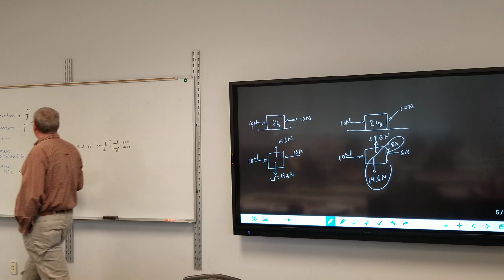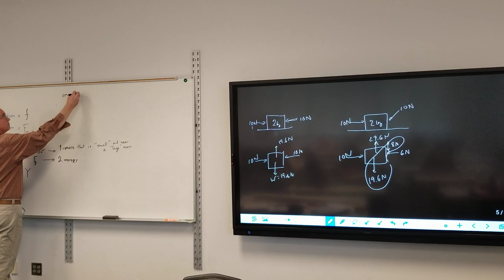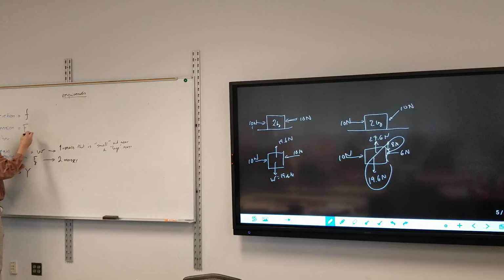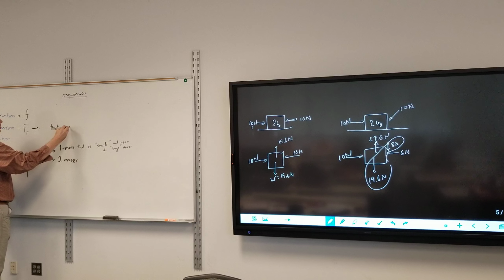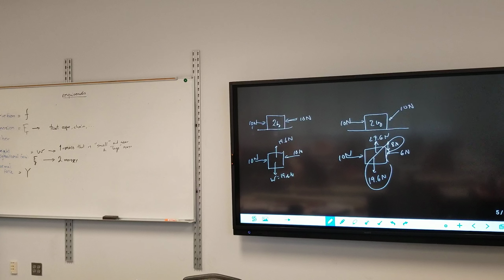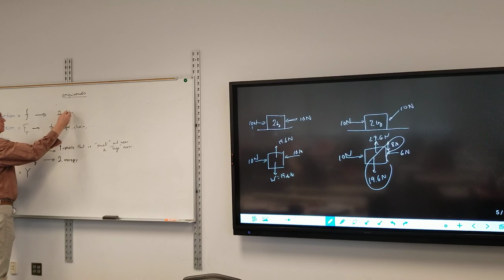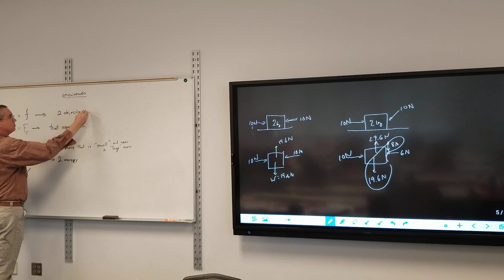Tension, the requirement for tension, so these are requirements. For tension, I need a taut rope, chain, something that's pulling. For friction, I need two objects touching.